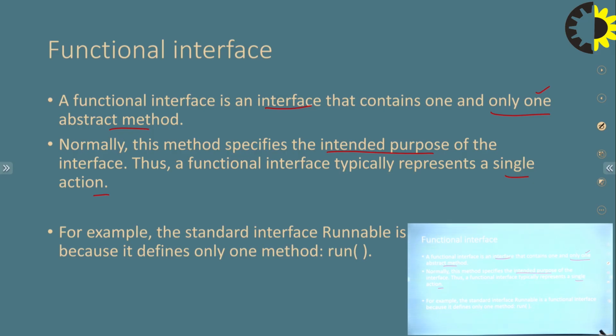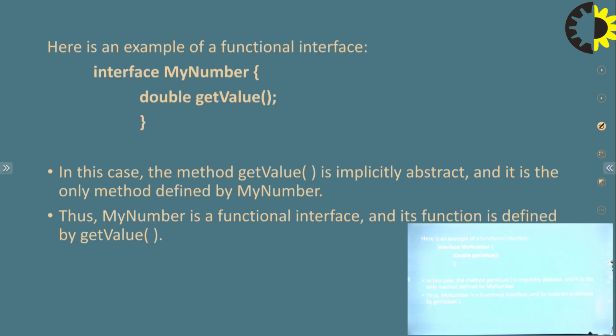One example of a functional interface is the Runnable interface. This Runnable interface is used in multi-programming. Runnable is a functional interface and it consists of only one method called run. Because the Runnable interface consists of only one method, we call it a functional interface.